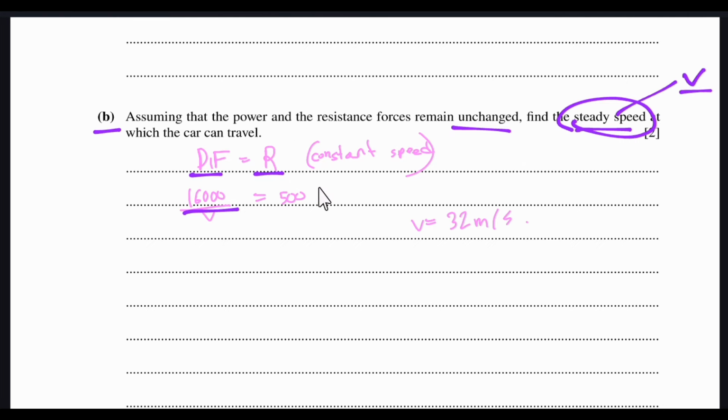So what is the work done by driving force? We know that power is equal to work done or energy by time, and so work done is equal to power into time. We know the value of power, and what is the value of time? Time is 15 seconds. So work done by driving force is equal to power into time.